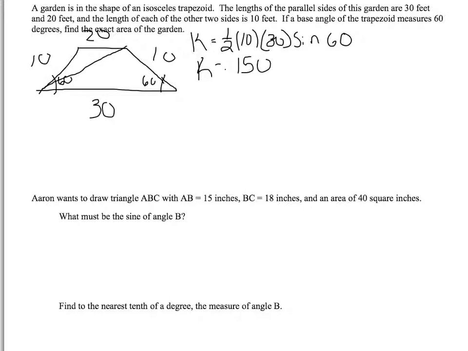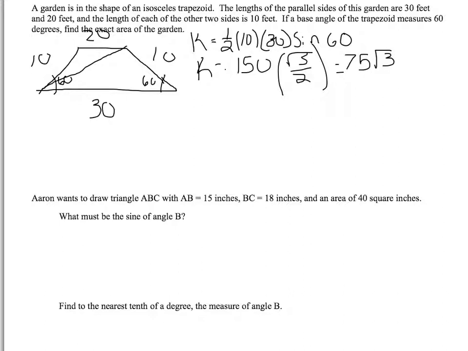And then sine of 60 is radical 3 over 2, which will reduce to 75 radical 3.